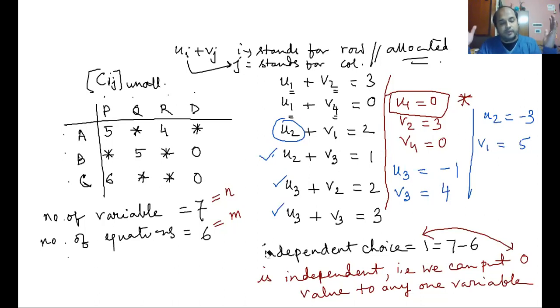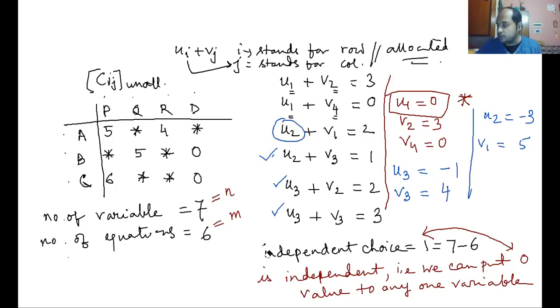So when the number of variables and the number of equations are the same, we get a unique solution, and everybody knows it. We can use the Sridhar Acharya method or cross multiplication method, and we can solve this system for the same number of equations and variables. But if the number of variables is greater than the number of equations, then actually we cannot apply that Sridhar Acharya method or cross multiplication method.